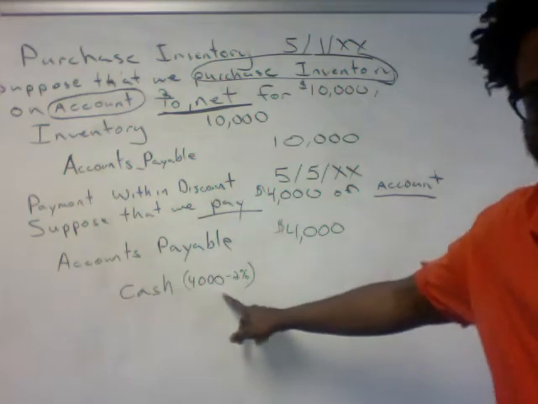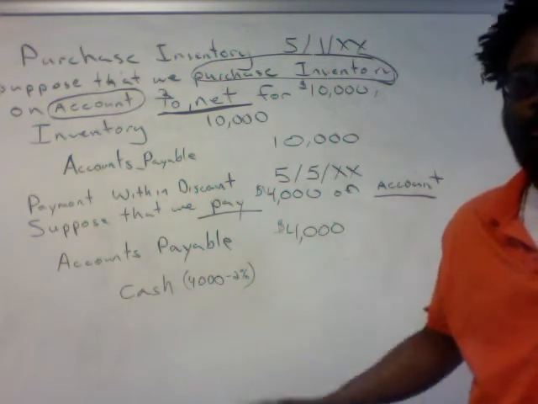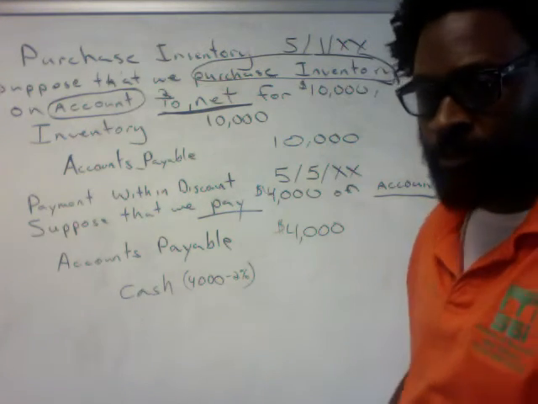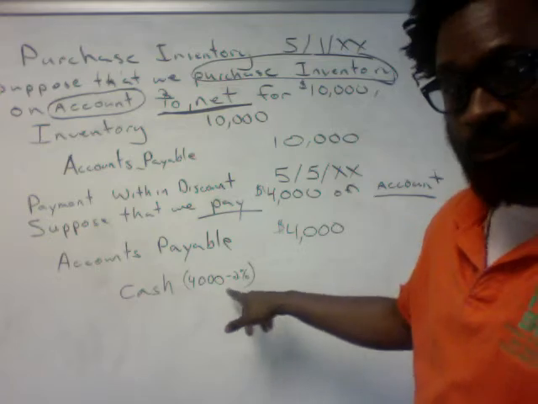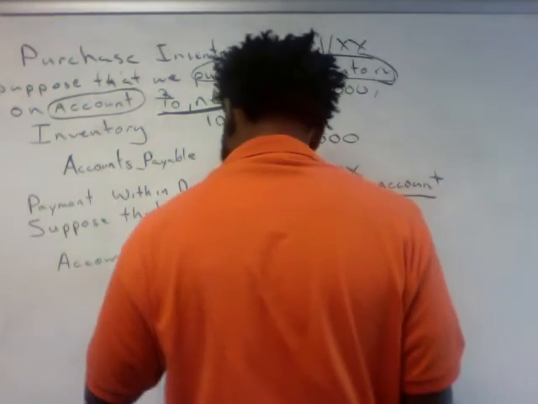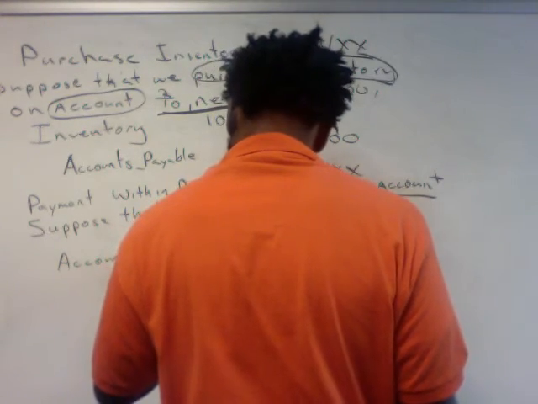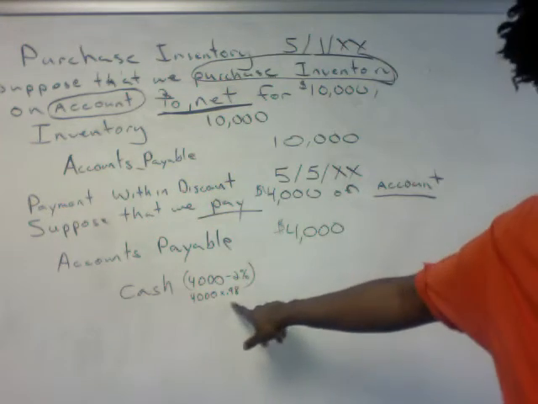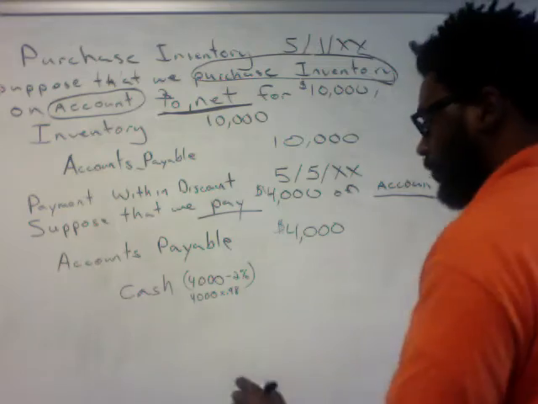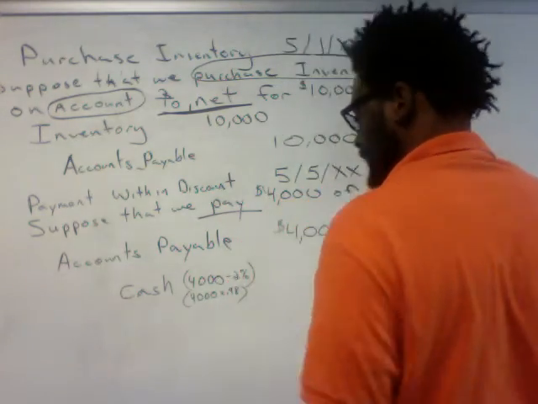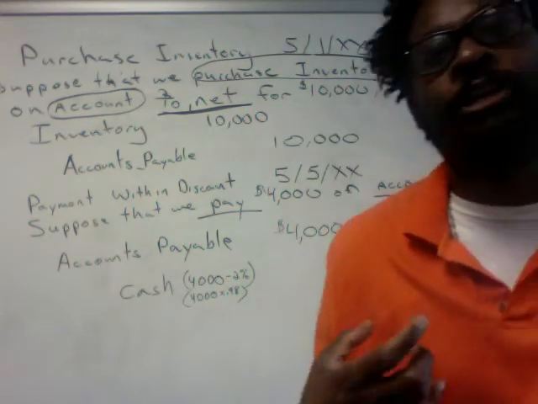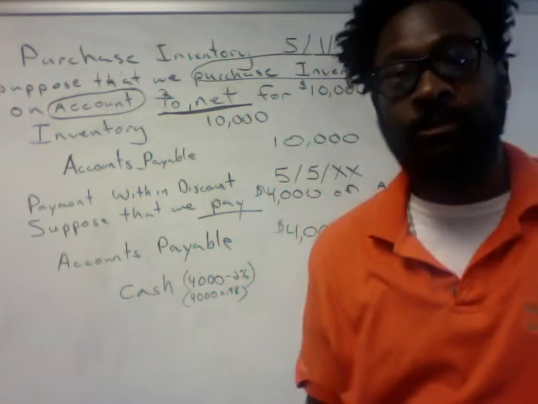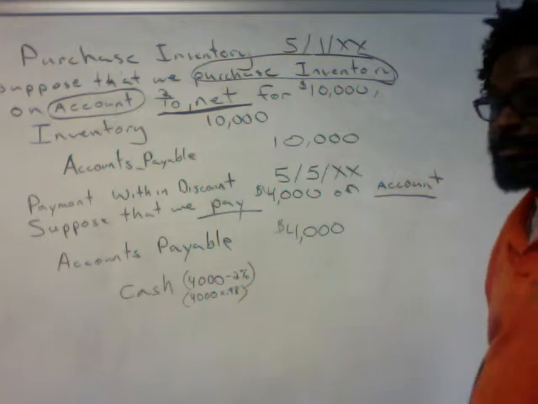Now, if you have calculators, you should be able to calculate the 2%, but some of your calculators won't do it. So another way to calculate the correct answer would be to take $4,000 and multiply it times 0.98. Why? Because that's saying that you're only going to carry forward 98% of that amount that you're paying because you get a 2% discount.